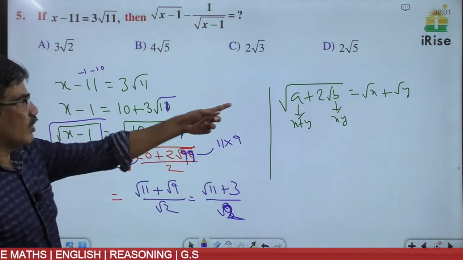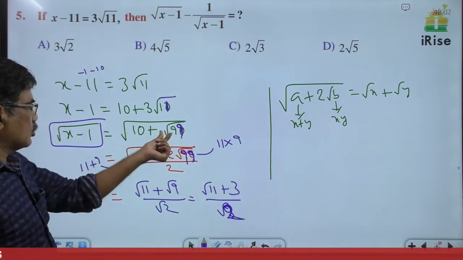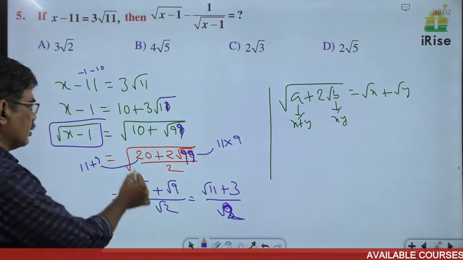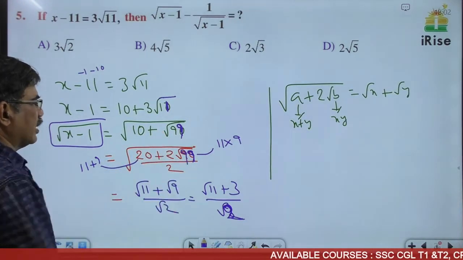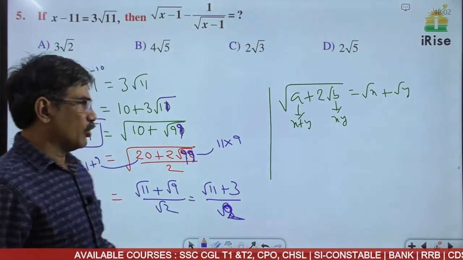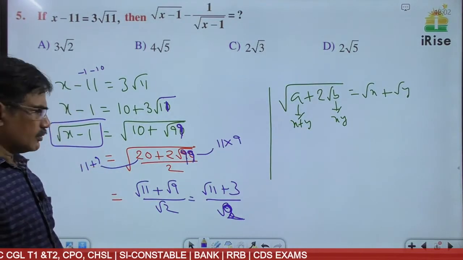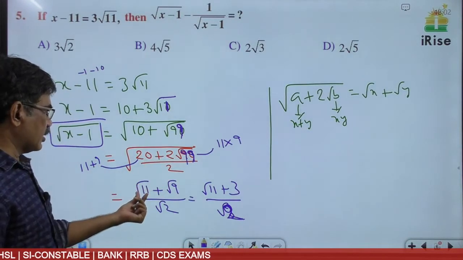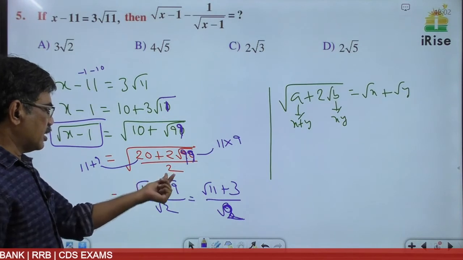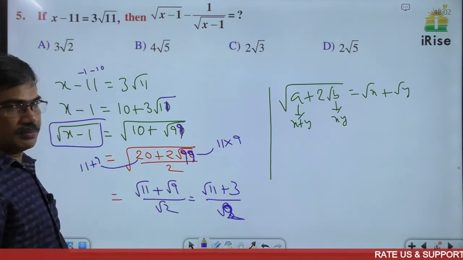It is not in the form of a plus 2 root b, so multiply and divide by 2: 20 plus 2 root 99 by 2. So there is a formula for the numerator: a can be written as a sum of two terms, b can be written as a product of the same two terms, 11 and 9, here 11 plus 9. Therefore, the square root of the numerator is root 11 plus root 9, the denominator is root 2. So this is the value of root of x minus 1.